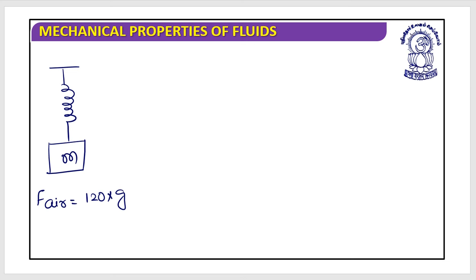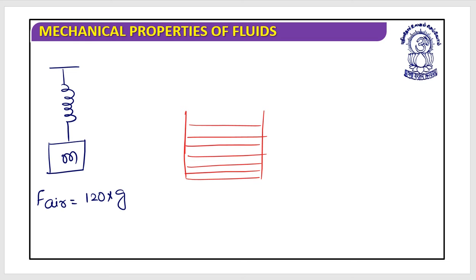Now what we have done is taken a container, and in this container let's suppose a certain fluid has been filled, and now we have submerged this body like this, so that it is just submerged in this liquid.